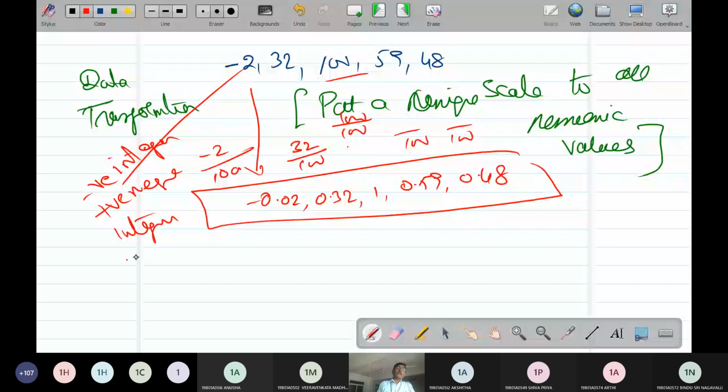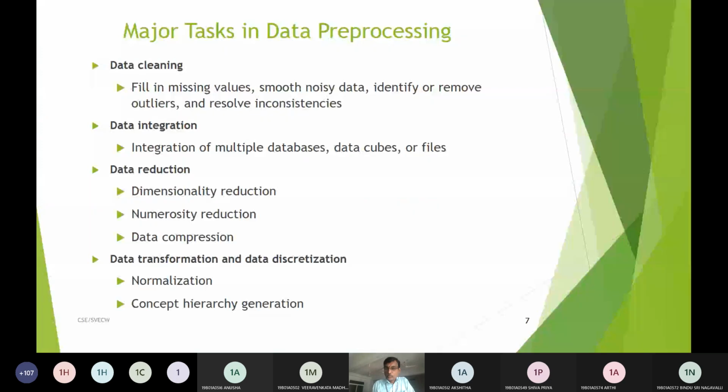In data cleaning, we fill in the missing values, smooth the noisy data, identify and remove the outliers, followed by resolving the inconsistency problems. So these are the 4 tasks in data cleaning: fill in the missing values, smooth the noisy data, identify and remove the outliers, and resolve inconsistency.